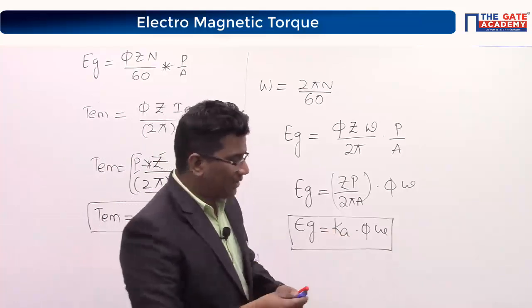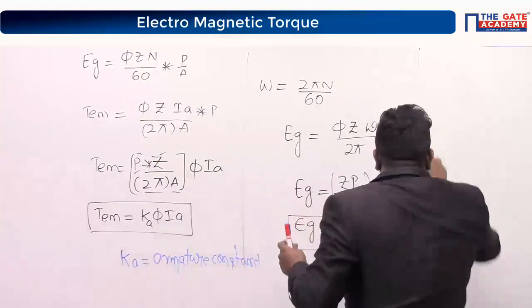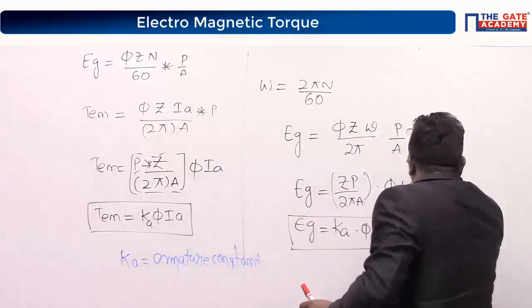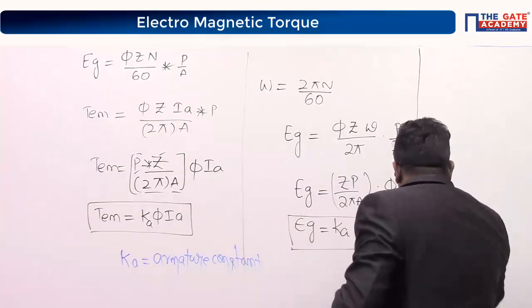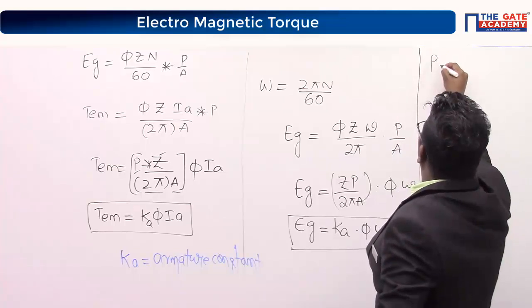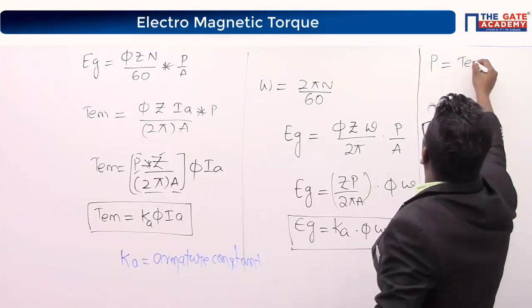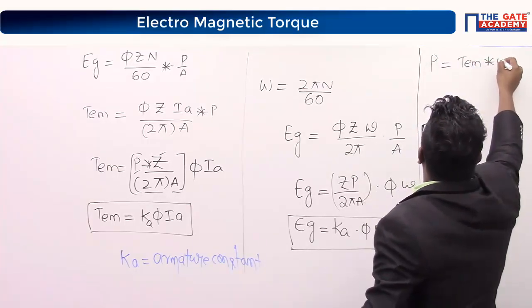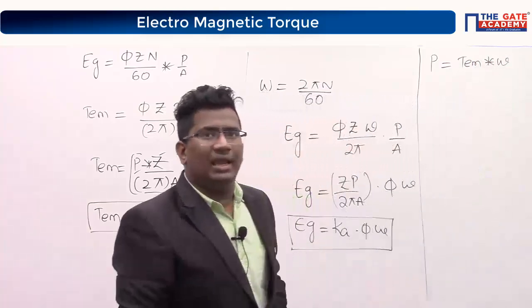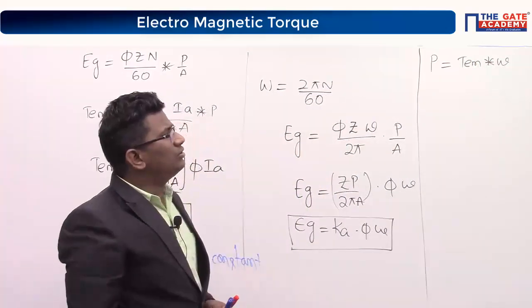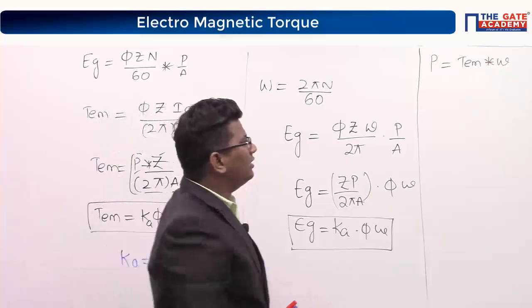into omega. Now, can anyone tell me what is the power developed? Power is equal to electromagnetic torque into omega, right?